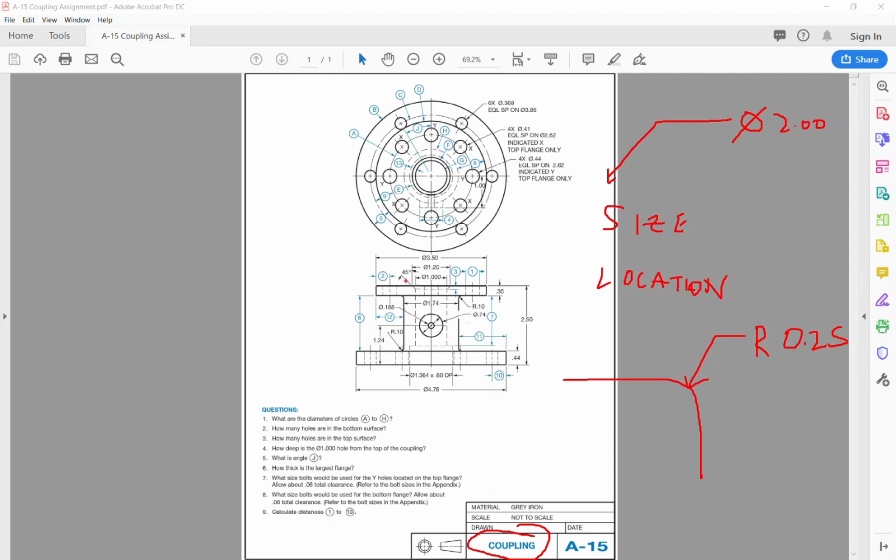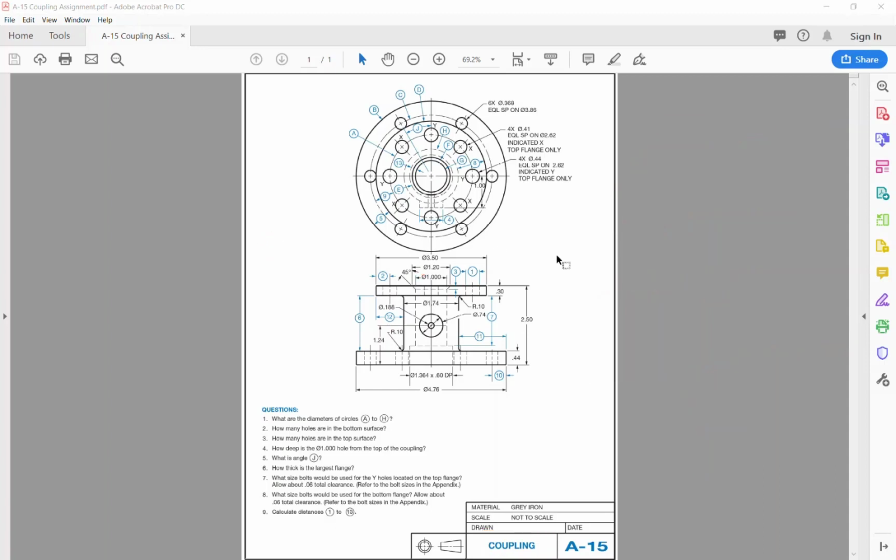The one type of feature I want to point out to you is called a flange. So flange is a term for a feature that allows one cylindrical object to bolt to another cylindrical object.